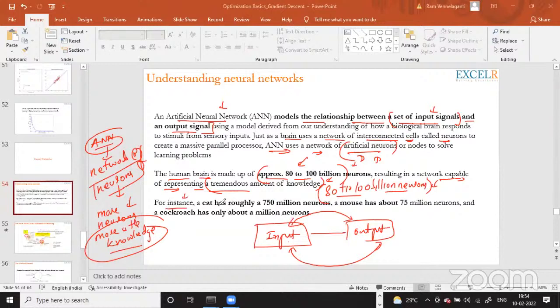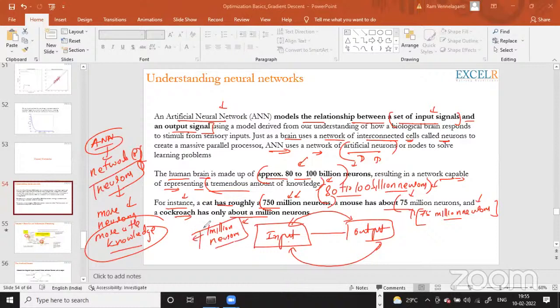What about a cat? A cat has roughly 750 million neurons. This is also a very interesting fact. Similarly, a mouse has about 75 million neurons. And a cockroach has about 1 million neurons.